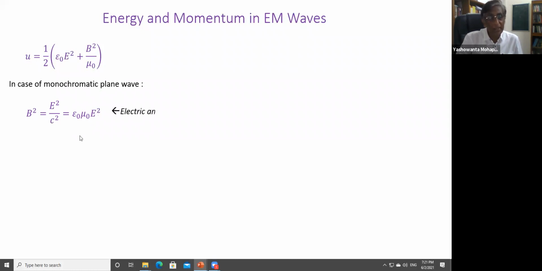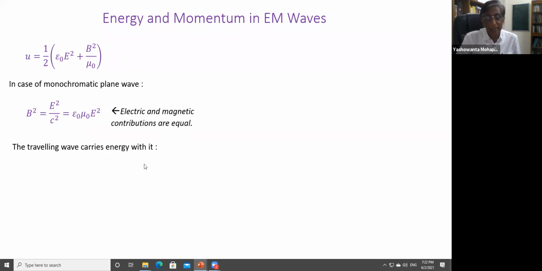Hence you can see that the electric and magnetic contributions are equal. If you take B square by mu naught, mu naught cancels, and that is also half epsilon naught E square. So the electric and magnetic components of the energy are equal. They are symmetric, even energy wise.